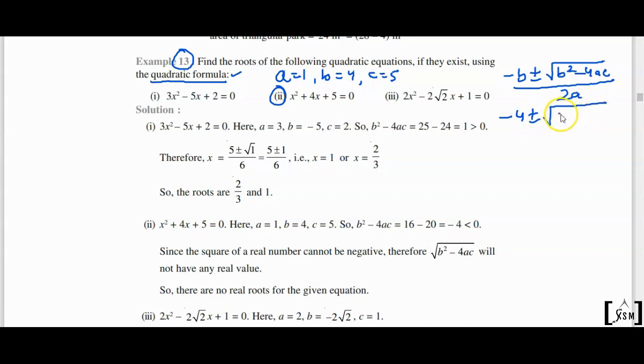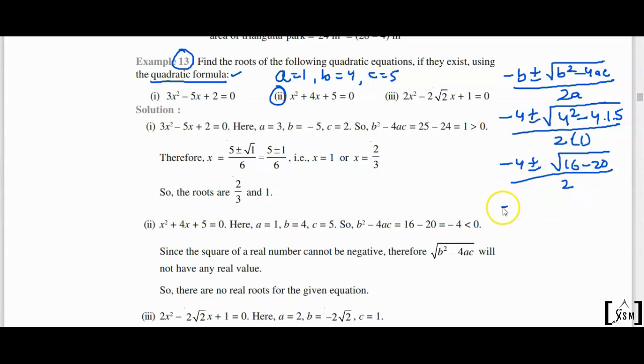So b square is 4 square minus 4 times 1 times 5, all over 2 times a, which is 1, right? So we get minus 4 plus minus square root of negative 4 over 2.